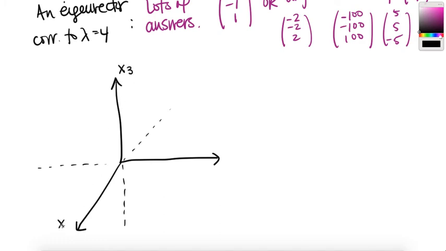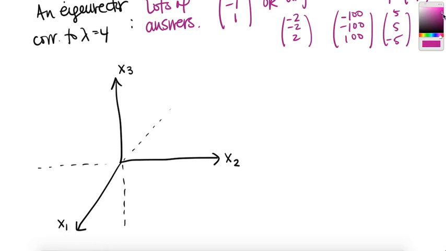There's our x3 axis, our x1 axis, our x2 axis. I think that works with the right-hand rule. I tell my students I'm always going to use the right-hand rule, and then I can never remember.